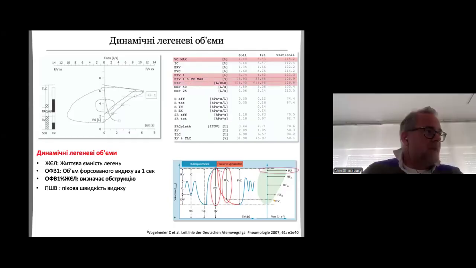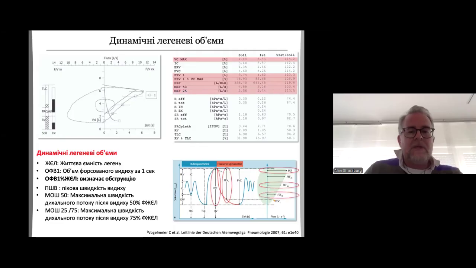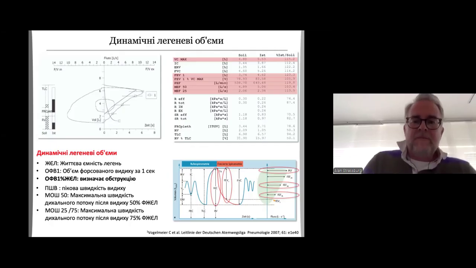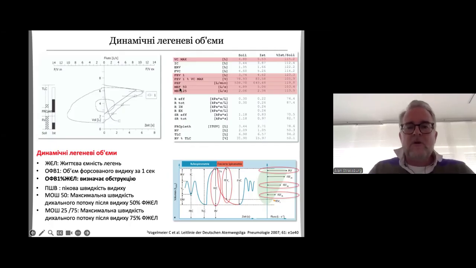The peak flow we've already had, that is the peak of expiration in a forced expiration. And then we can take a sharp look at the half time of the expiration, or 25, respectively 75% of expiration, which gives you a clue about the small airways, whether they are obstructed or not.